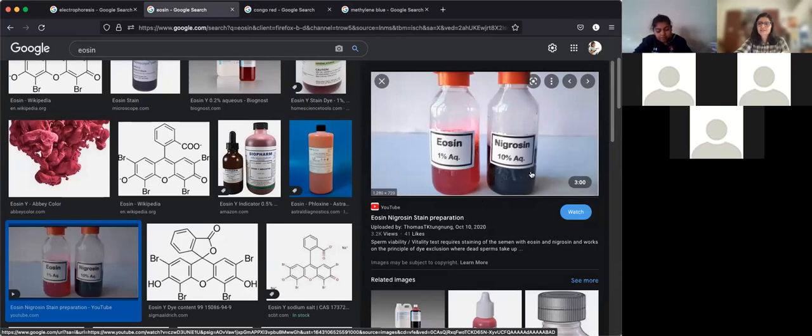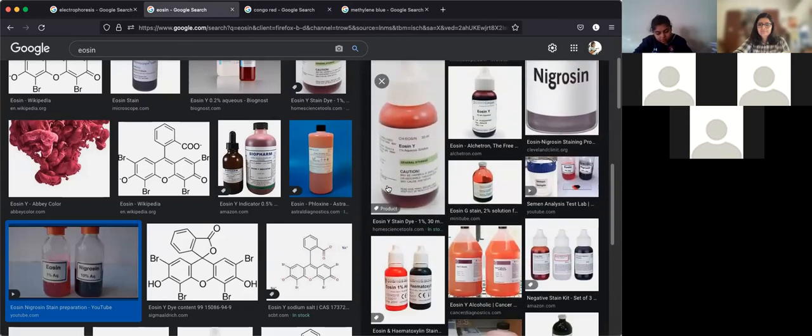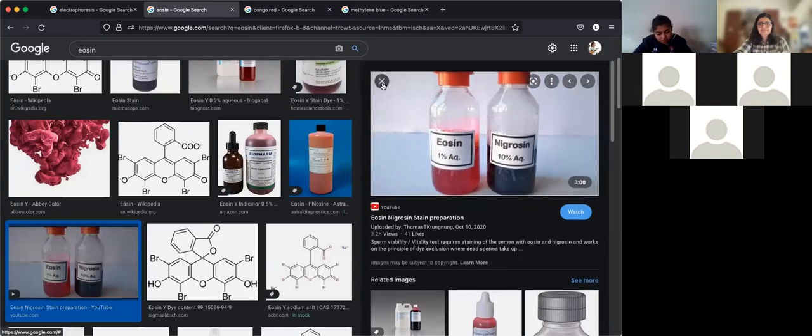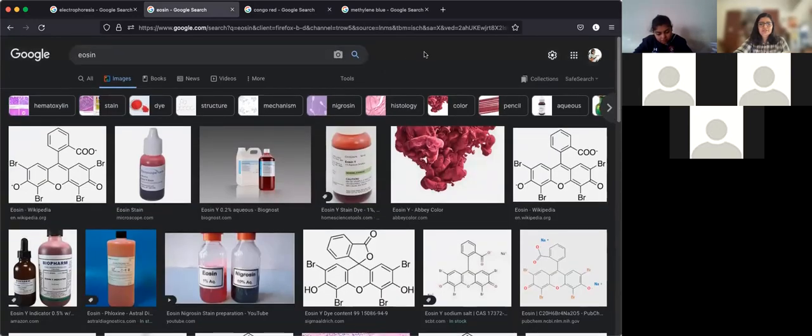This is a darker blue. The most common use of dyes: if they react in a particular way with acidic or basic substances, you can use them as indicators, or the majority of the time you use them to stain cells, to stain bacteria, things like that.